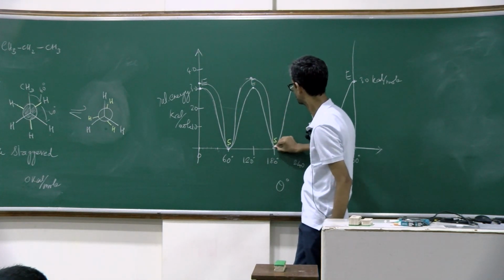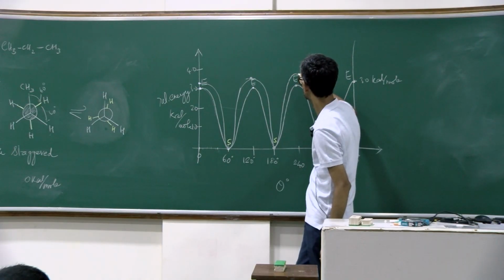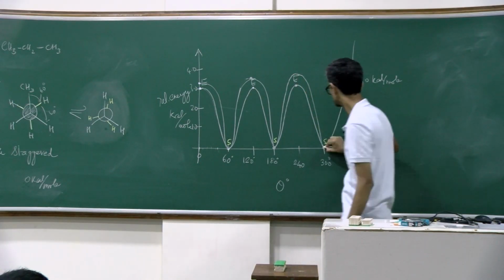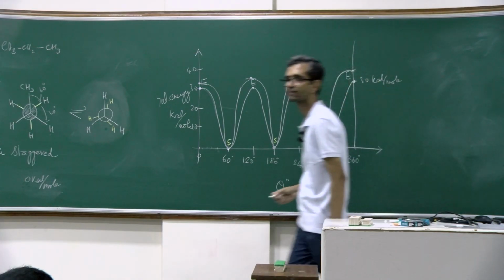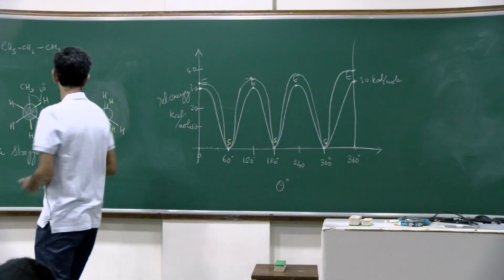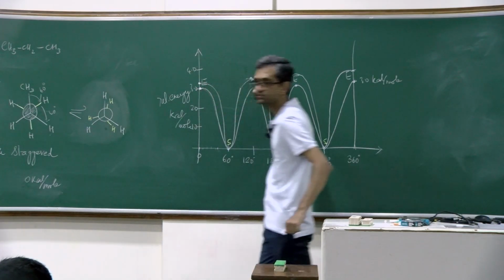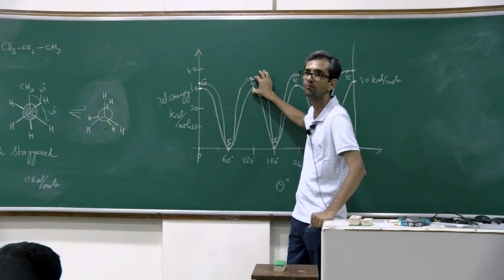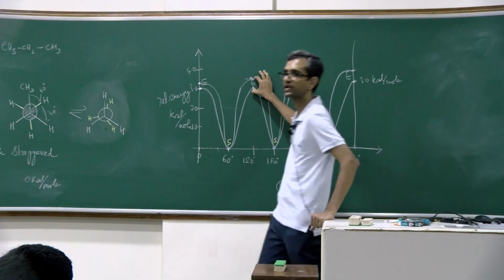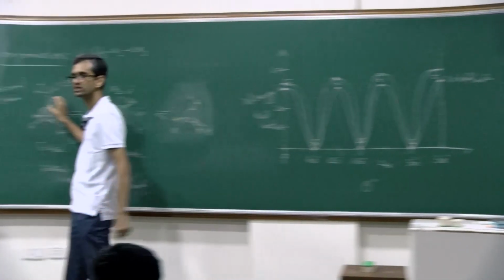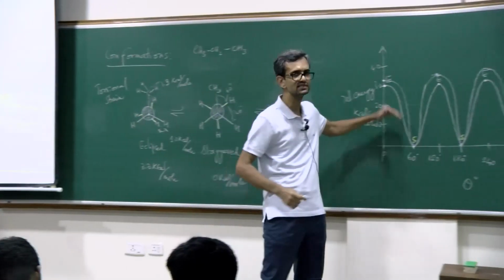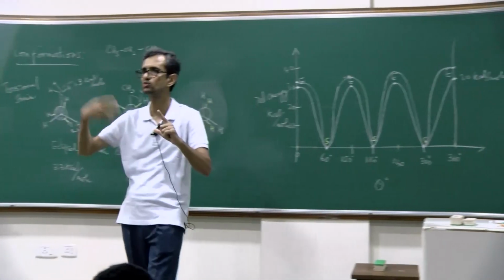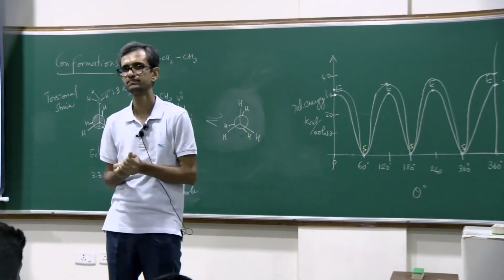Touches 0, again 3.3, and then becomes 0, and then it will go to 3.3. So the variation within the eclipsed conformation is only 0.3, right? So replacing a hydrogen, adding a methyl has raised the barrier for rotation up to 0.3 kilocal per mole.